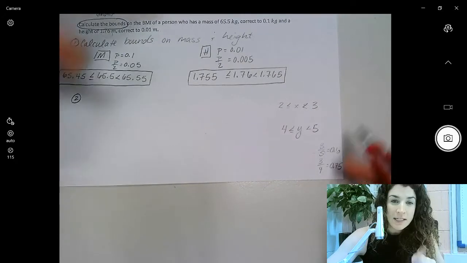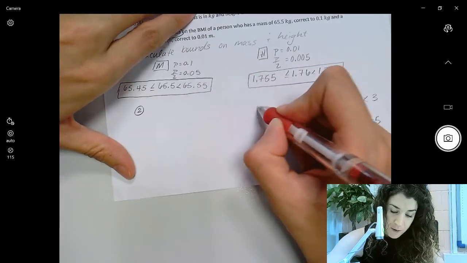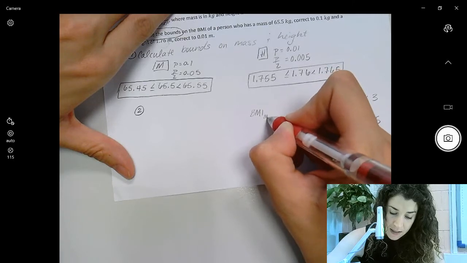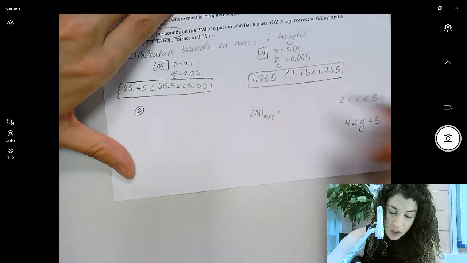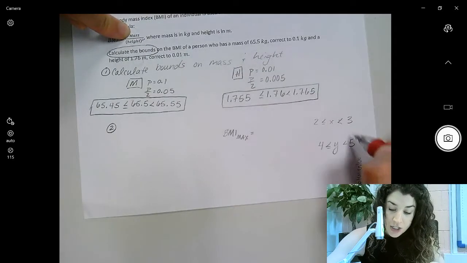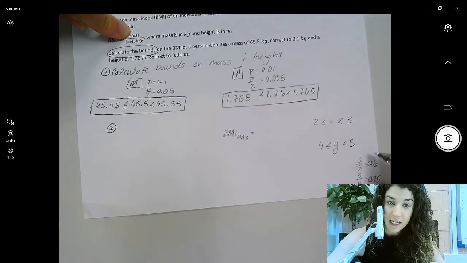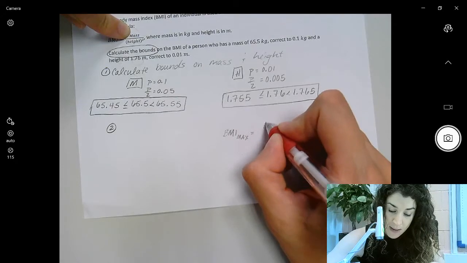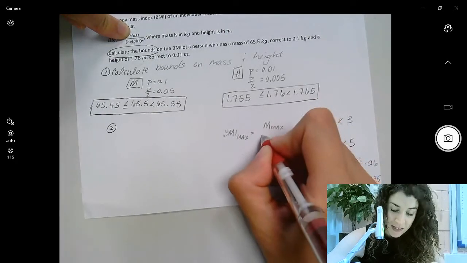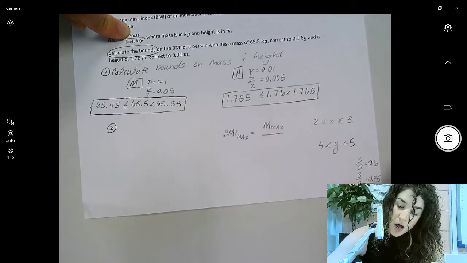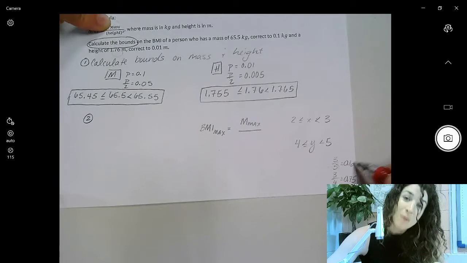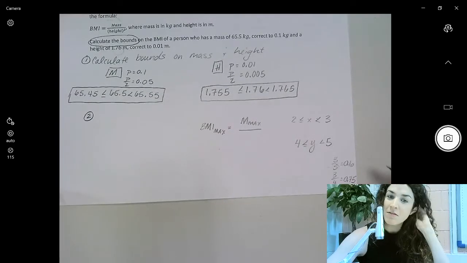So what you want for the BMI maximum is the largest number you can possibly get up top. So if that's mass, it needs to be the mass maximum. And you want the smallest possible number you can get on the bottom, because 0.6 is smaller than 0.75.